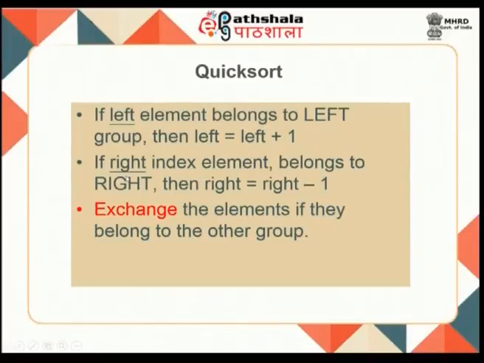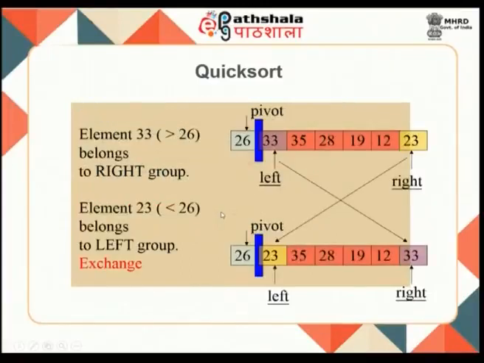If the right element, that is the element pointed to by the right pointer, belongs to the right group, then we decrement the right pointer, that is right becomes right minus 1, and an exchange will take place whenever we encounter elements that belong to the other group. Suppose this scenario is there, then we are going to exchange.